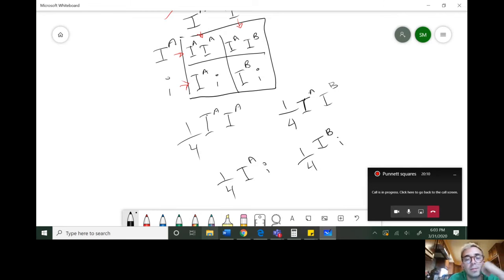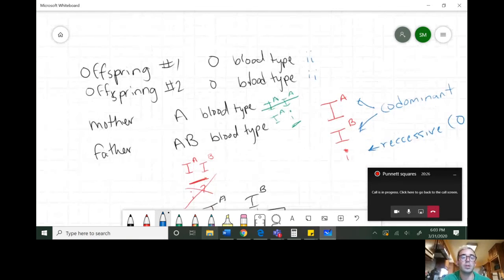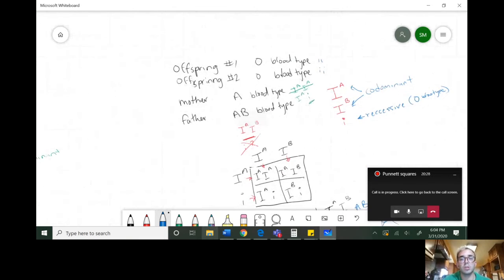And so the phenotypes, what's expressed, would be A, B, A, and AB. There are no type O bloods. Therefore, these offspring cannot be the children.